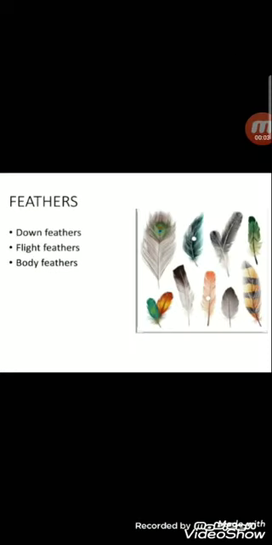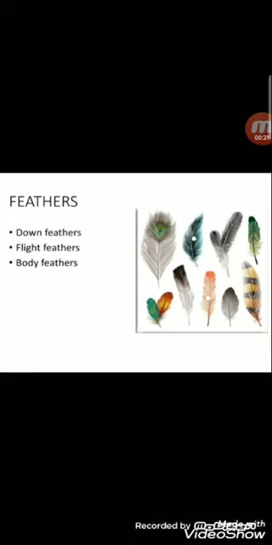Next, children, we learn about feathers. You all know that our body is covered with muscles, and above that we have skin. Likewise, a bird's body is covered with feathers. The feathers are of 3 types: down feathers, flight feathers, and body feathers.